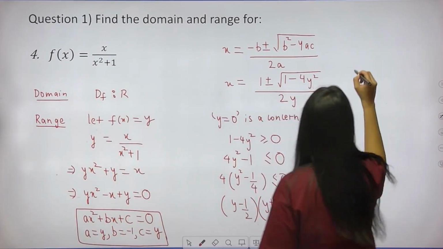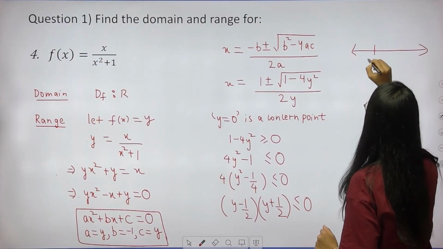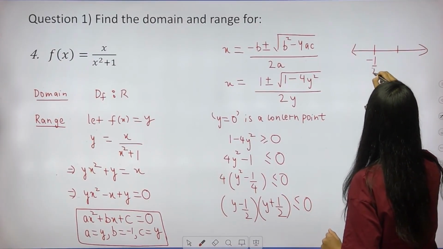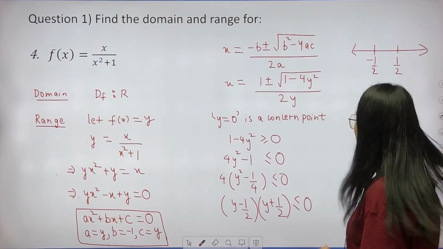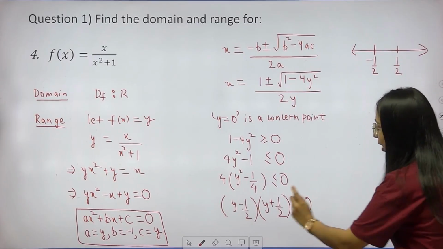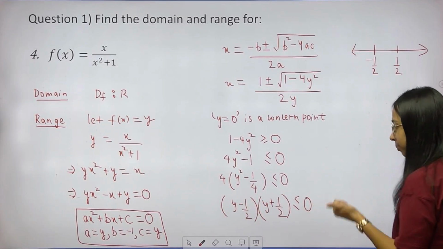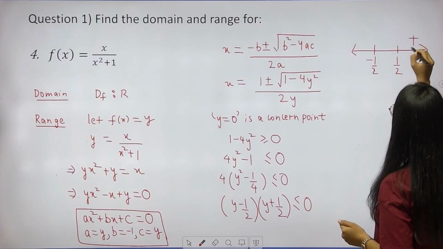Clearly, okay. Now let's draw a number line. Here, minus half and half will be our points of concern. Let's take a value which is greater than half. Let's take 1. 1 minus half will be positive. 1 plus half will again be positive. Let's take a number between them.